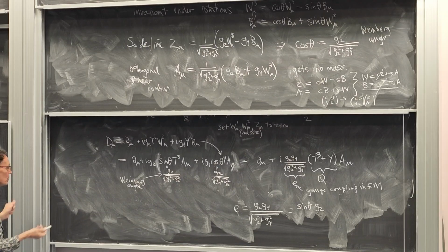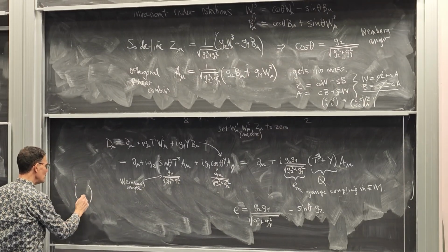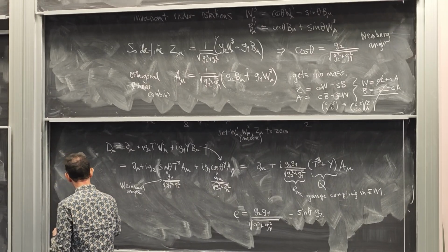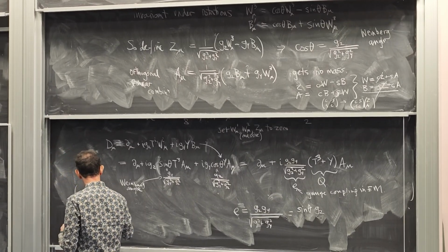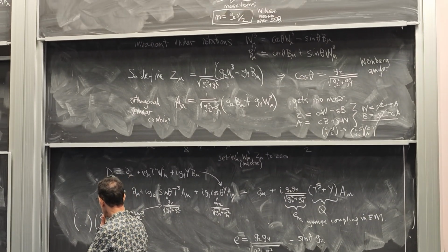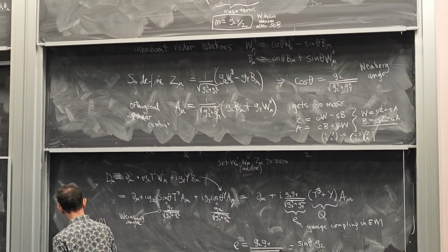Okay, there's a sort of group theoretic way of seeing the same thing. If you've got SU(2) times U(1), the SU(2) generators are matrices like this. Your Higgs field is proportional to this. You have to think what linear combination.